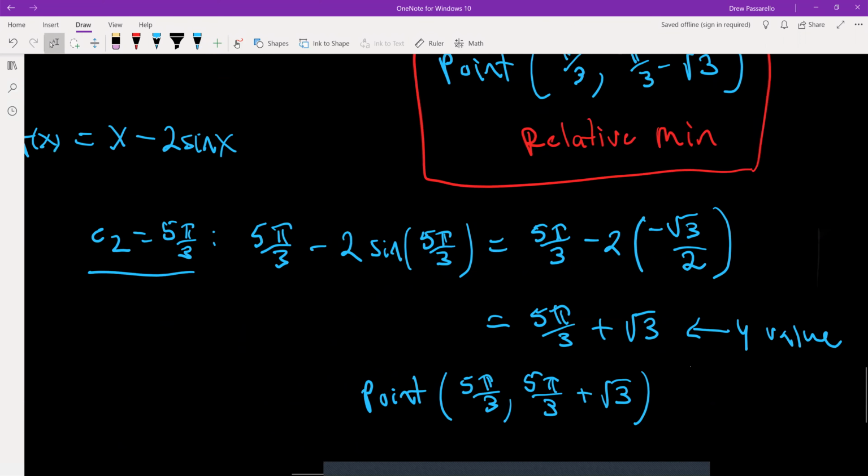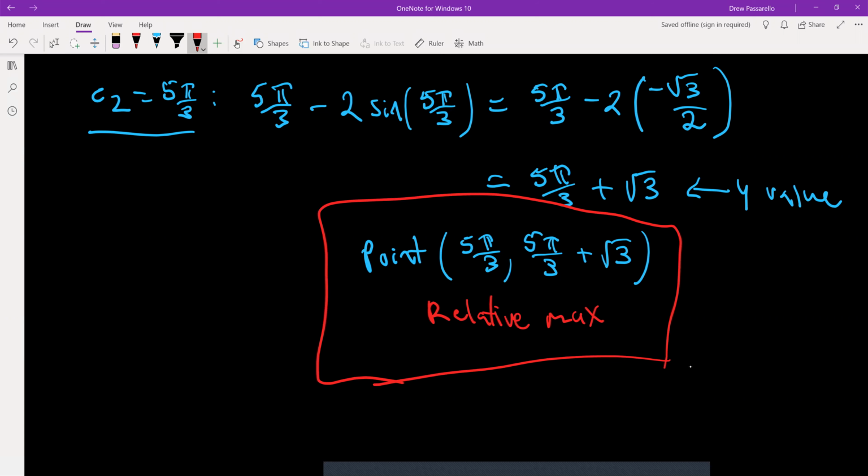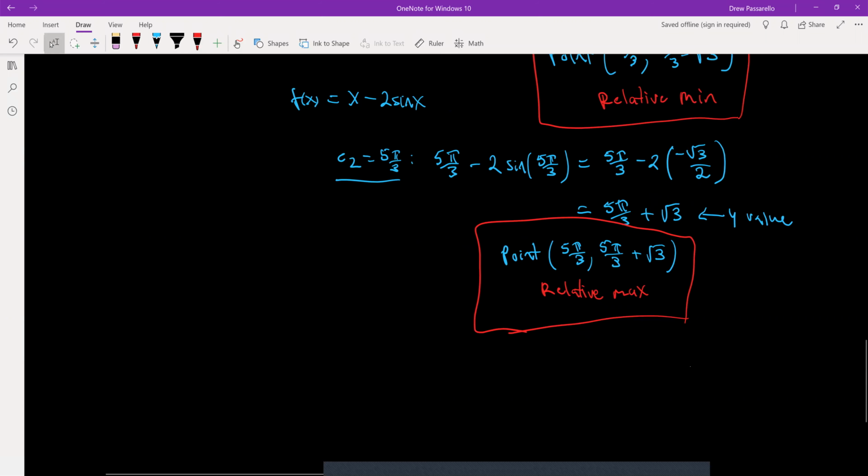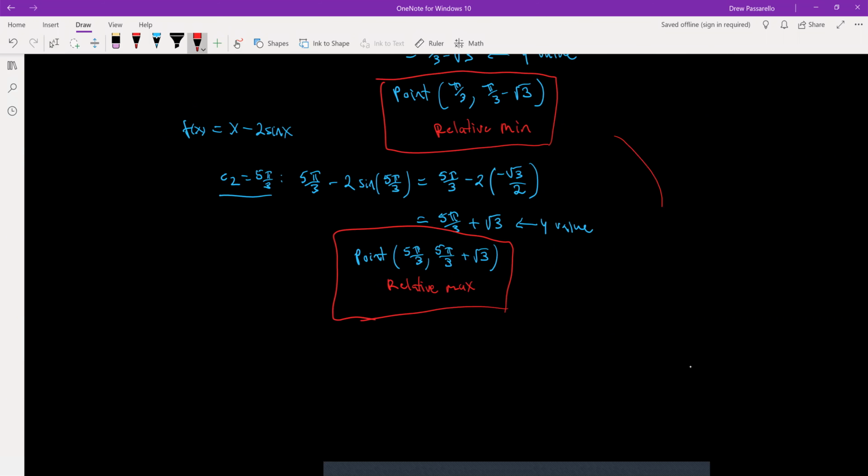So this is the relative max. All right, so as far as the answer to the question, these 2 points are the results we get for the relative min and max using the first derivative test. So this is the answer.